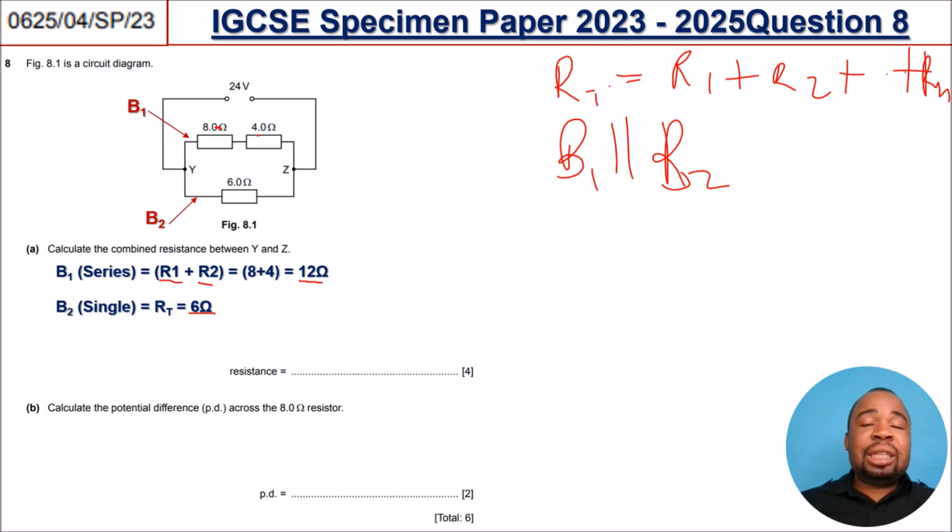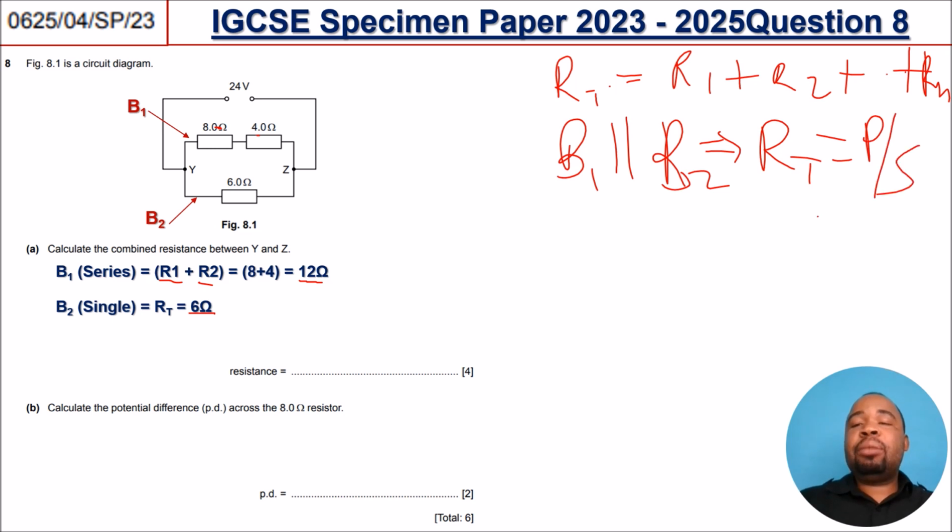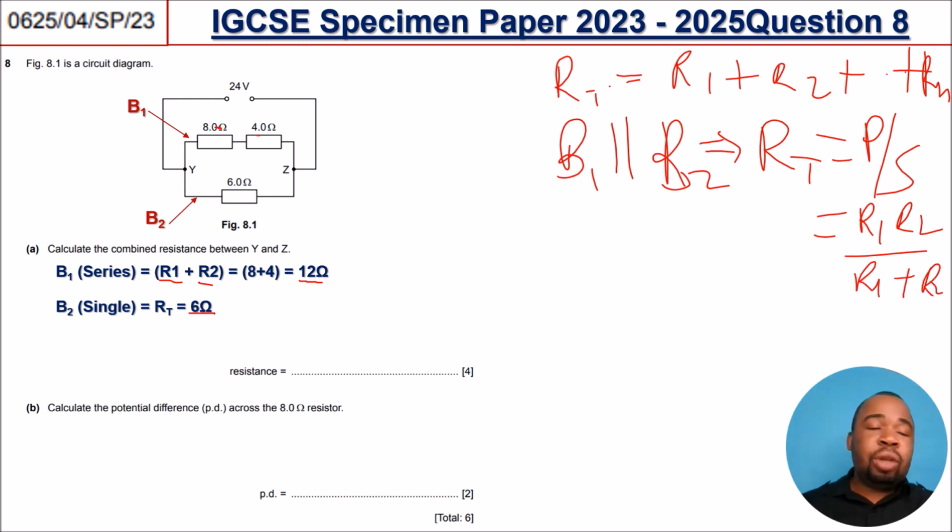And for resistors in parallel, if there are two, you are free to say the effective resistance is product divided by sum, which is R1 R2 over R1 plus R2. This is only true for two resistors in parallel.